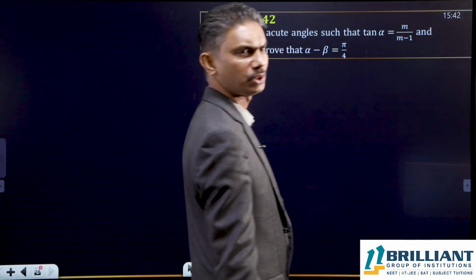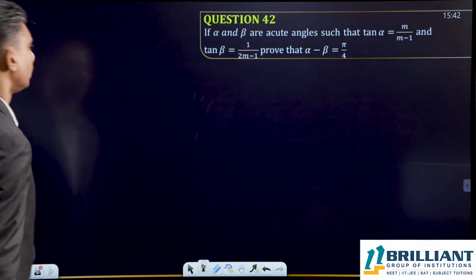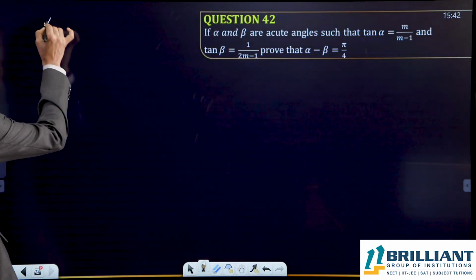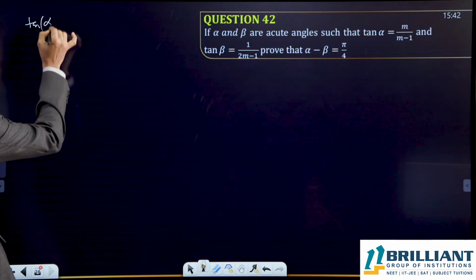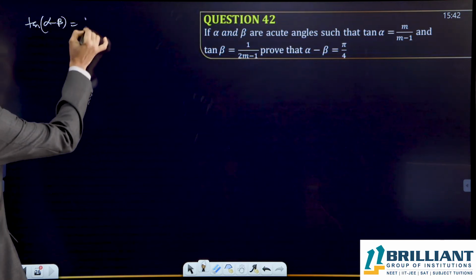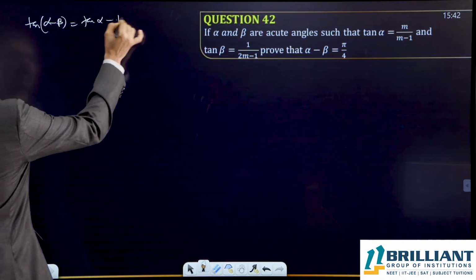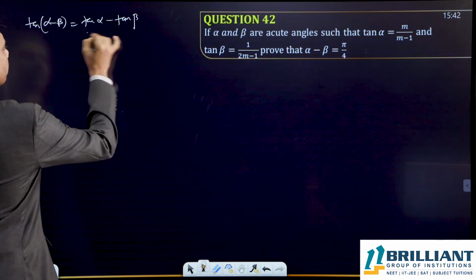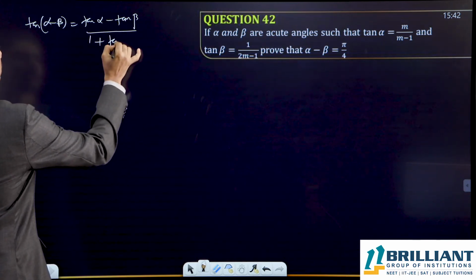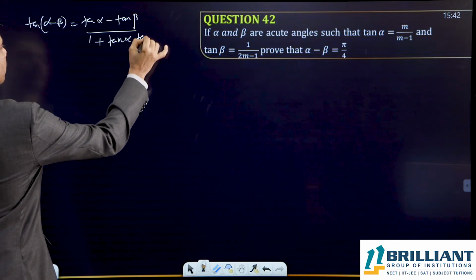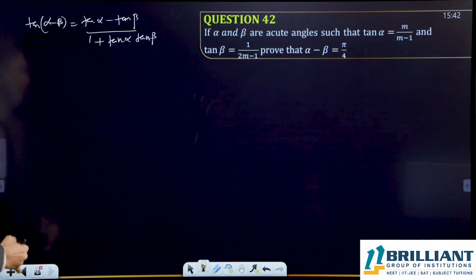Alpha minus, same way you can do. That is tan alpha minus beta equal to tan alpha minus tan beta by 1 plus tan alpha into tan beta.